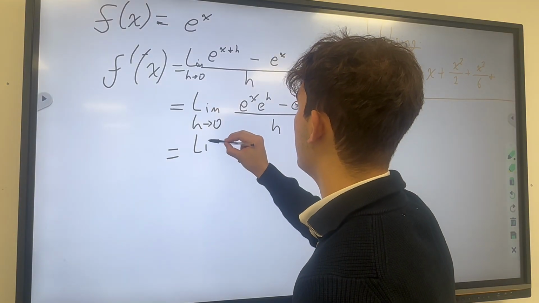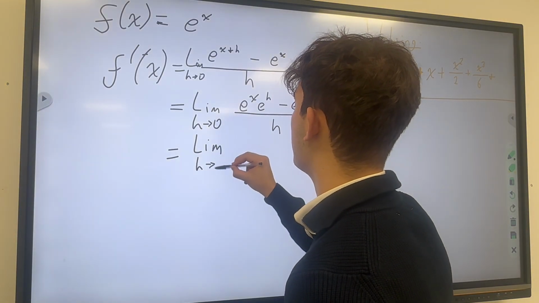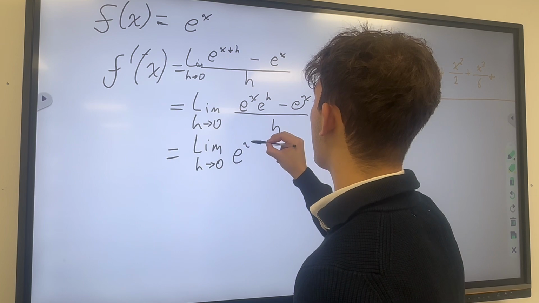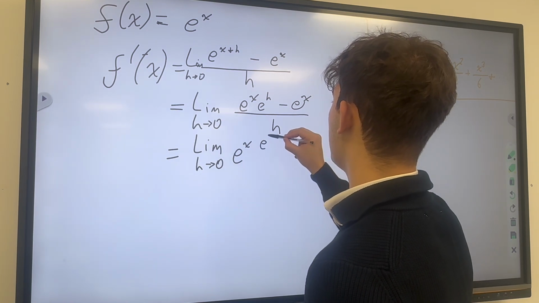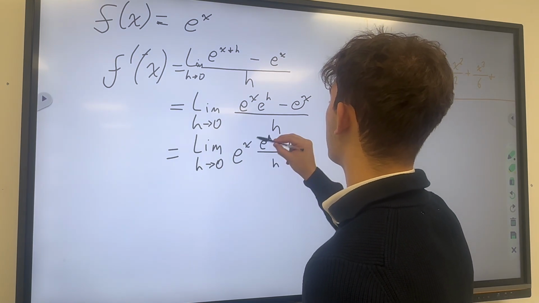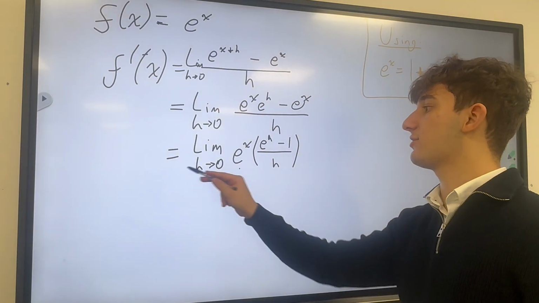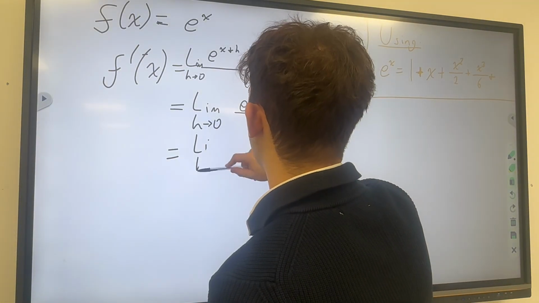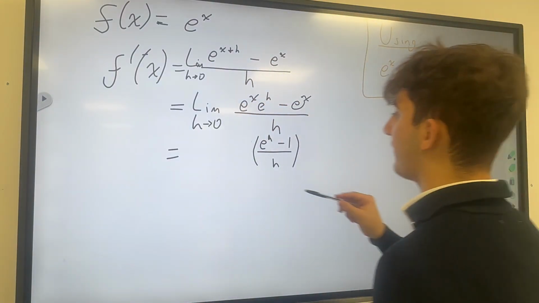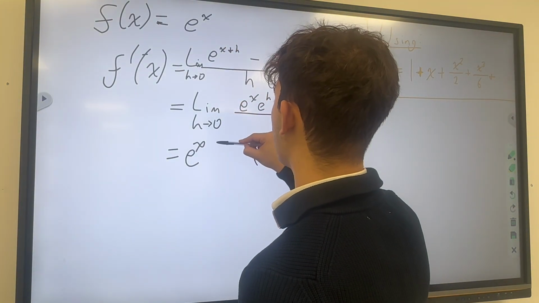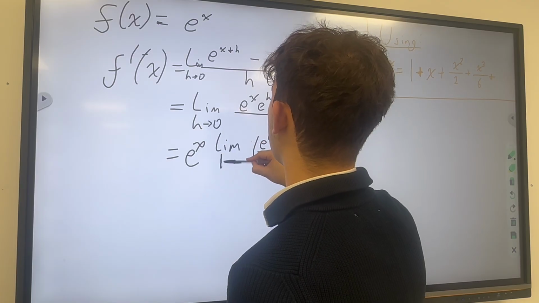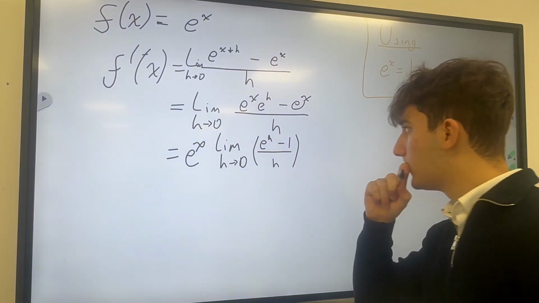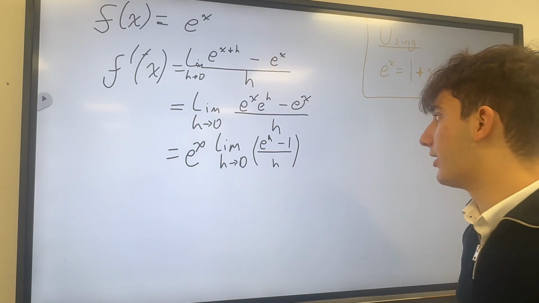We're going to do the limit as h approaches 0 of e to the x times by e to the h minus 1 all over h. But remember, we can just take this out of the limit because it's not going to affect it at all. There's nothing in terms of h there, so e to the x and then times by this limit. Boom. Okay, and now we need to figure out what this part is.